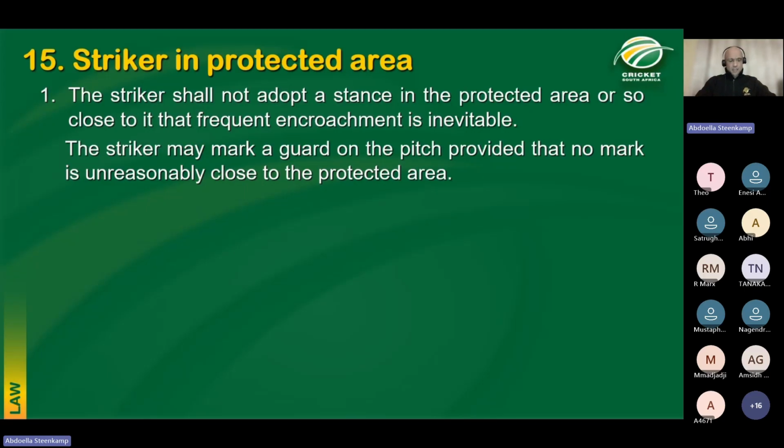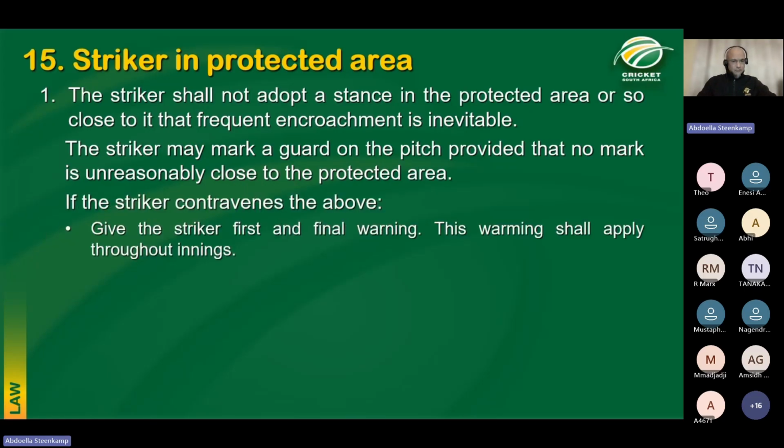Firstly, it tells the striker not to stand so close to the protected area. Striker may make a mark on the pitch to take guard, but that mark should not be very close to the protected area.